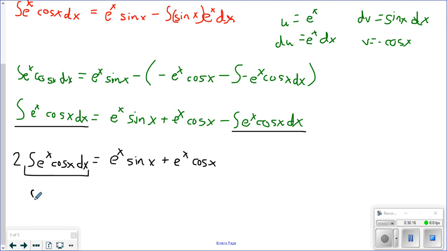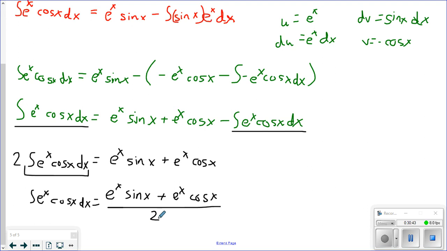So I've got the integral of e to the x cosine of x dx equals that sum, e to the x sine of x plus e to the x cosine of x, all divided by 2. And since it's an indefinite integral, don't forget your plus c.